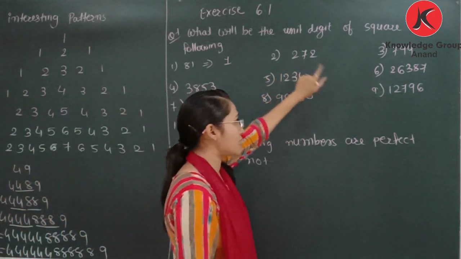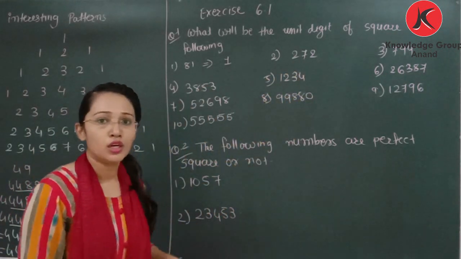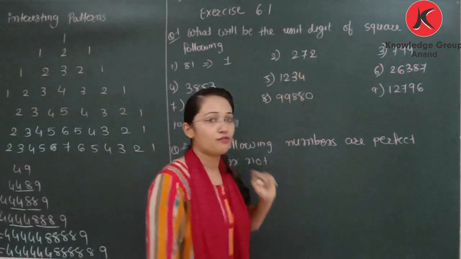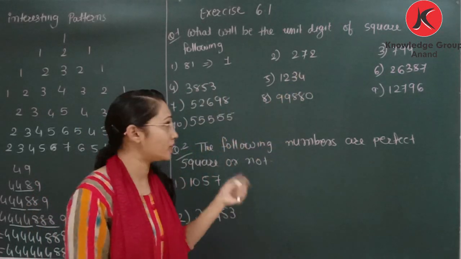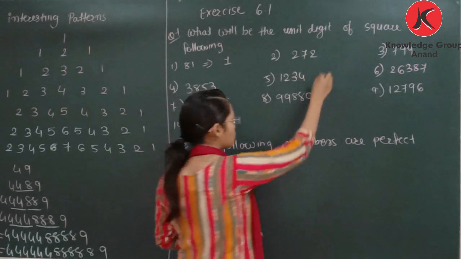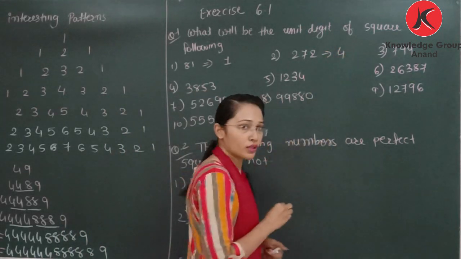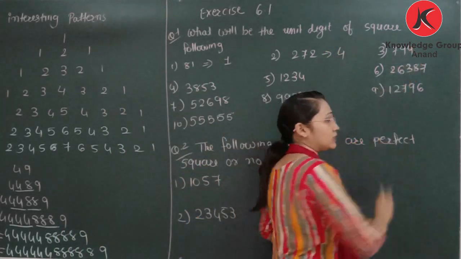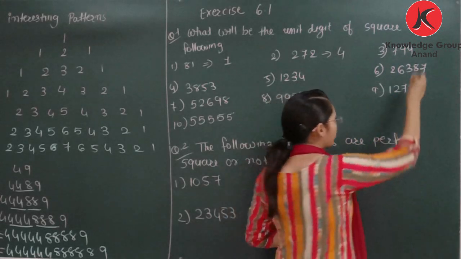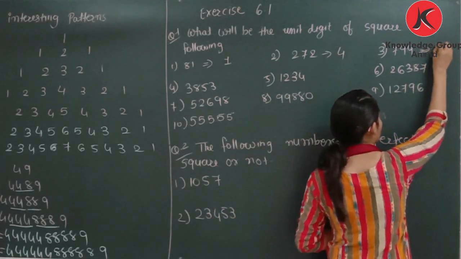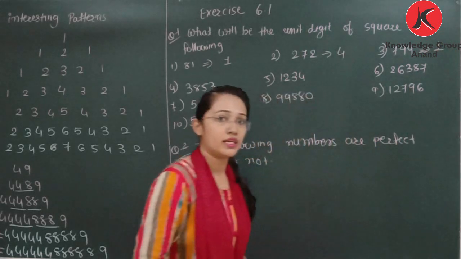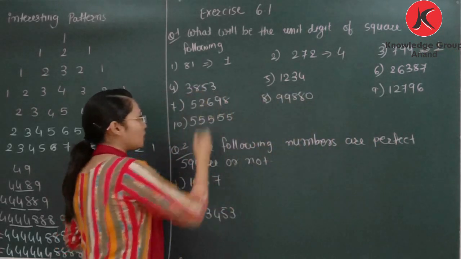Now here 272. If the last digit is 2, then the square will contain the last digit 2 square, that is 4. 799. So the last digit will be 1 because 9 square is 81 and it is 1. Now 3.